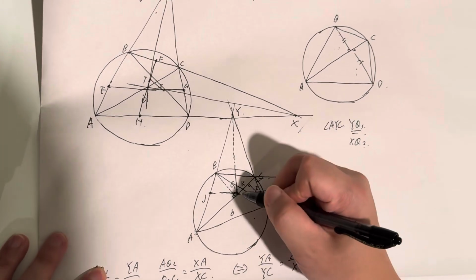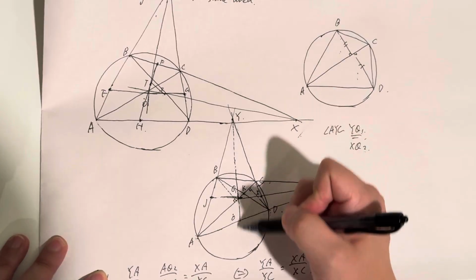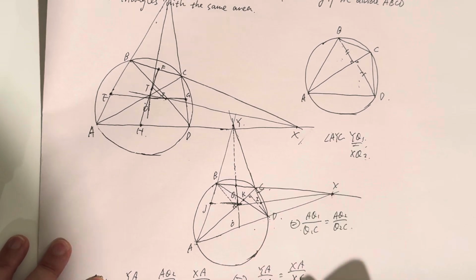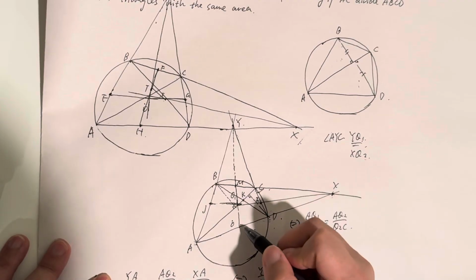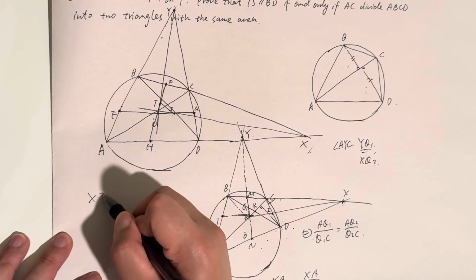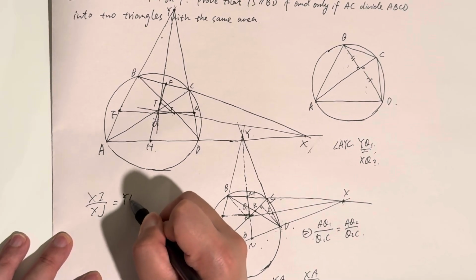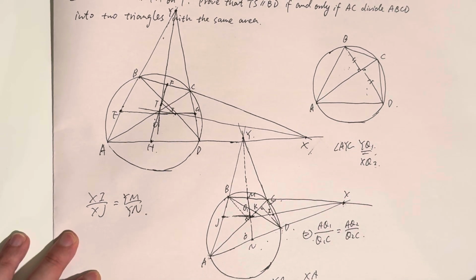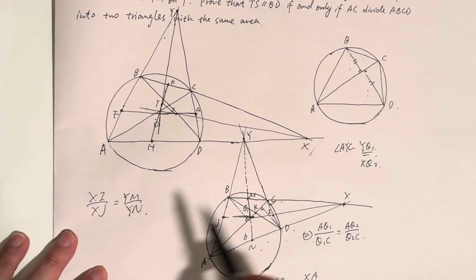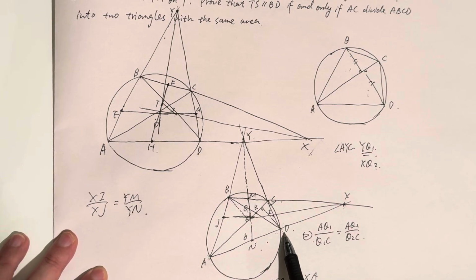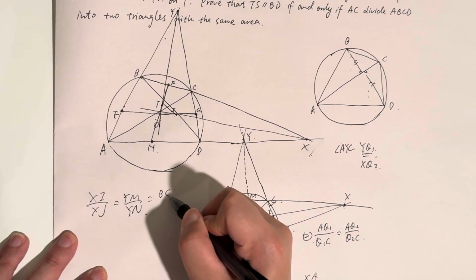That means if I extend the angle bisector of angle AYD, let's call this point M, this point N. So we just derived that XI to XJ equals YM to YN. Right? YM to YN equals BC to AD.